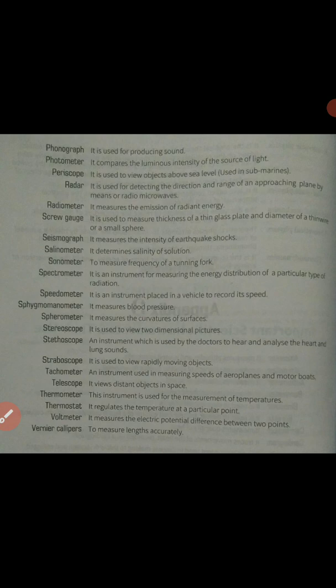Radar is an instrument which is used for detecting the direction and range of an approaching plane by means of radio microwaves. Then radiometer. Radiometer generally measures the emission of radiant energy.